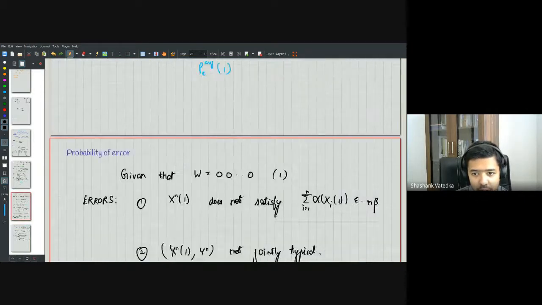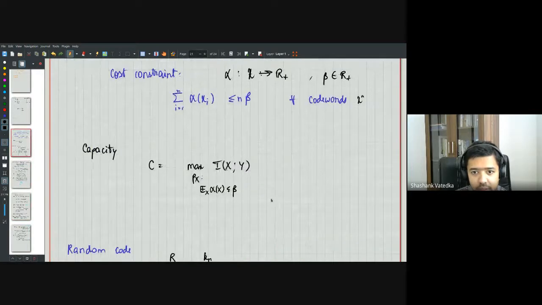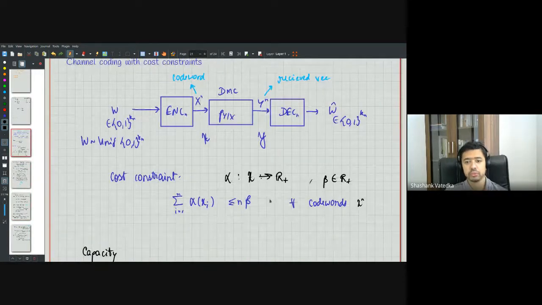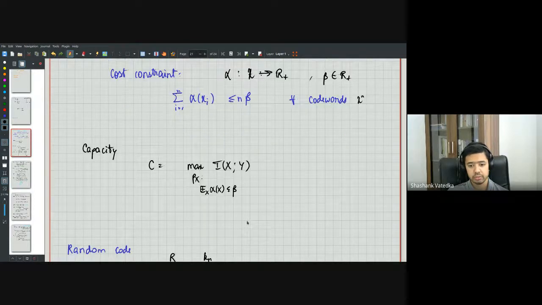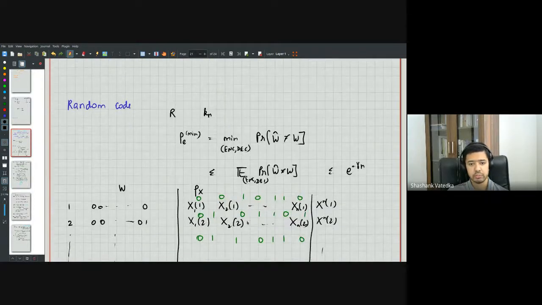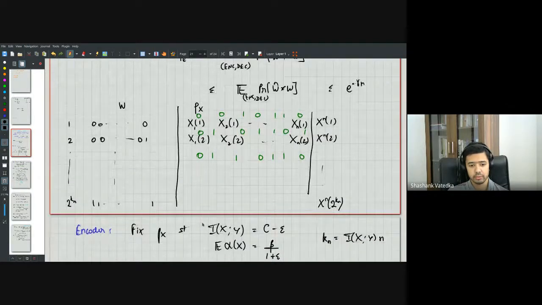All right. So again, a very quick recap. We wanted to show that there exists a sequence of codes for which the rate approaches this capacity and the probability of error is vanishing in n. So what we did was we generated a sequence of random codes in an IID manner, and for this sequence we analyzed the probability of error.